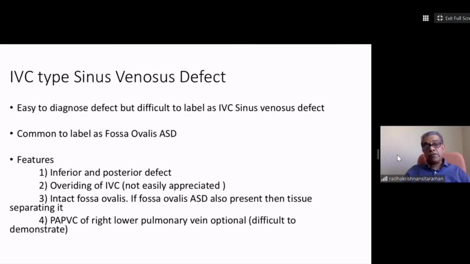You have the overriding of the IVC instead of the SVC, but it is not easily appreciated. Again, it has to have an intact fossa ovalis. If a fossa ovalis ASD is also present, then there has to be tissue which separates it, very similar to that of the SVC type of defect. And PAPVC of the right lower pulmonary vein is optional, and many times it is difficult to demonstrate.